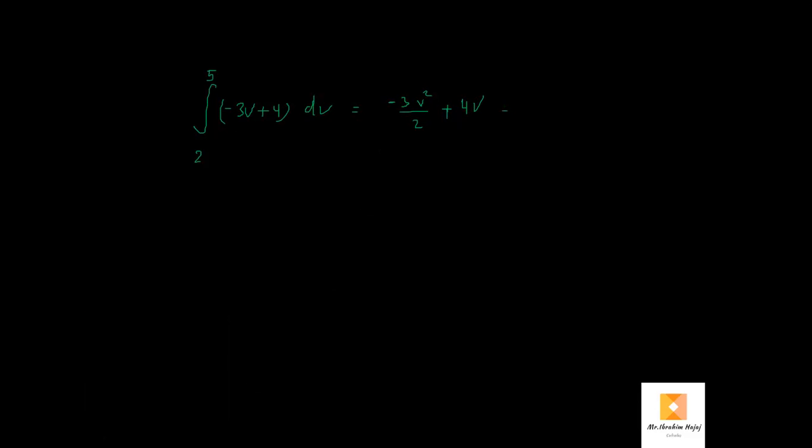Then replace: negative 3 times 5 squared over 2 plus 5 times 4. Then minus, placing the 2: negative 3 times 2 squared over 2 plus 4 times 2. Negative 17.5 minus 2, which is equal to negative 19.5.